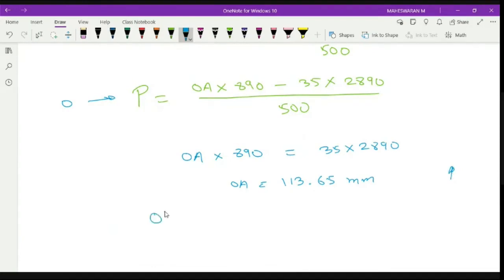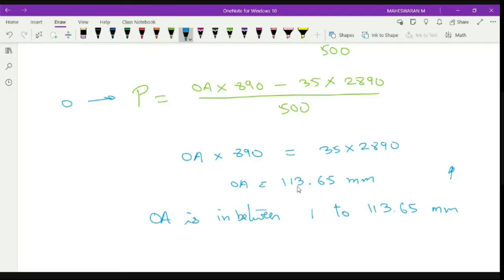Which means OA should be in between 1 to 113.65 mm. When I reduce the value of OA, you will get negative P, which is self-locking. When you increase the value, you will get a positive value, which means it is not self-locking.